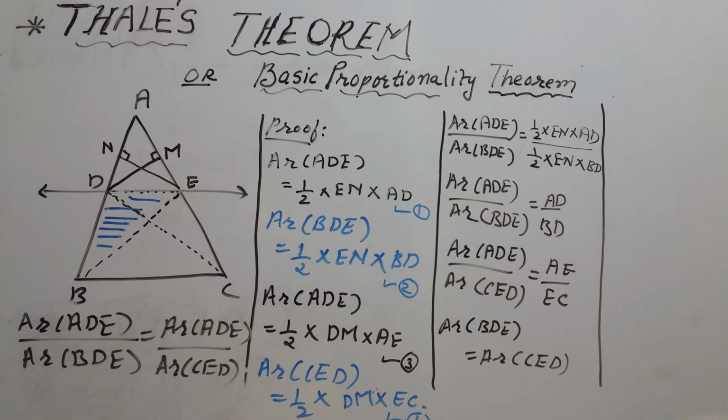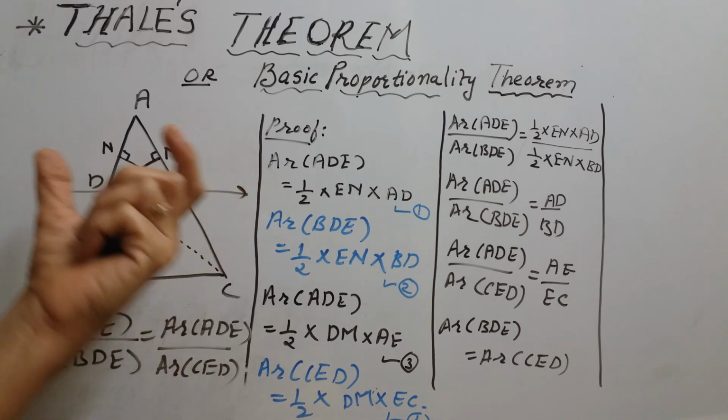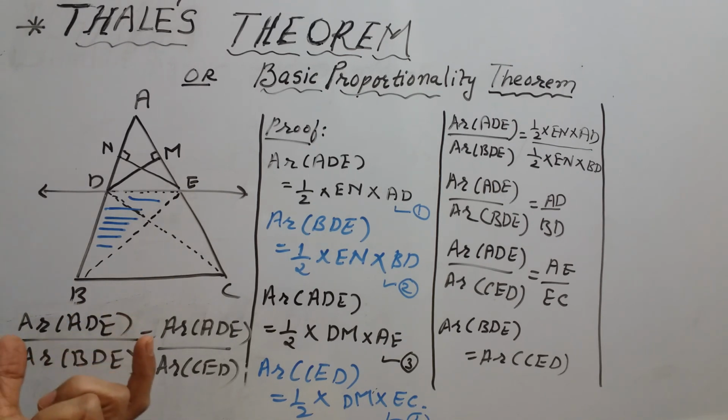This is possible. Again I am repeating, areas of the same triangle are equal of course. Whether you take any altitude and any base, the numerical value remains the same. Plus BDE and CED are triangles lying between parallel lines and sharing a common side DE, so their areas are also equal. So we say area ADE by area BDE is equal to area ADE by area CED.